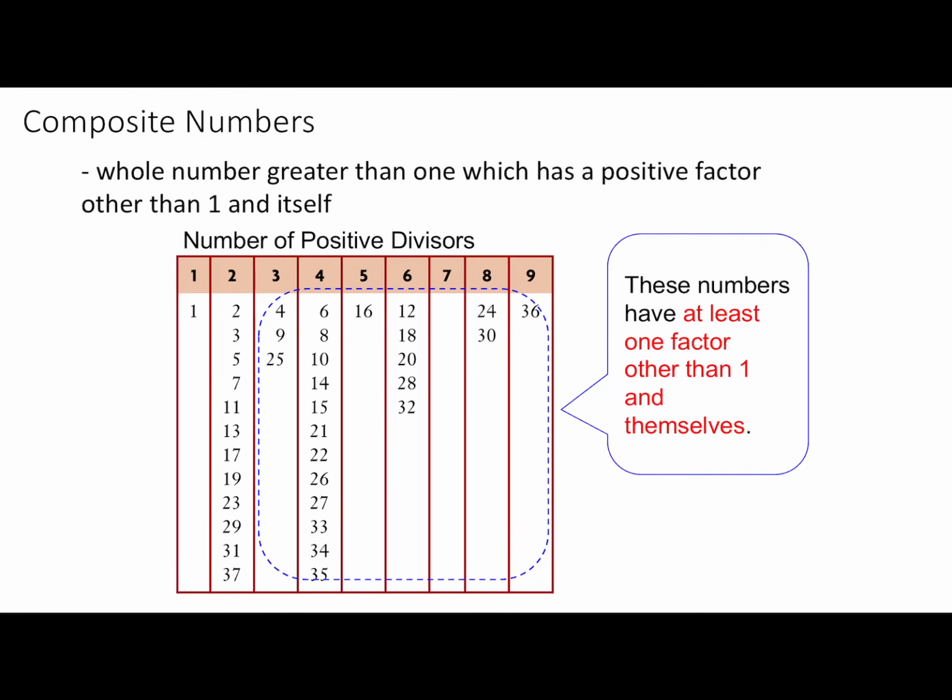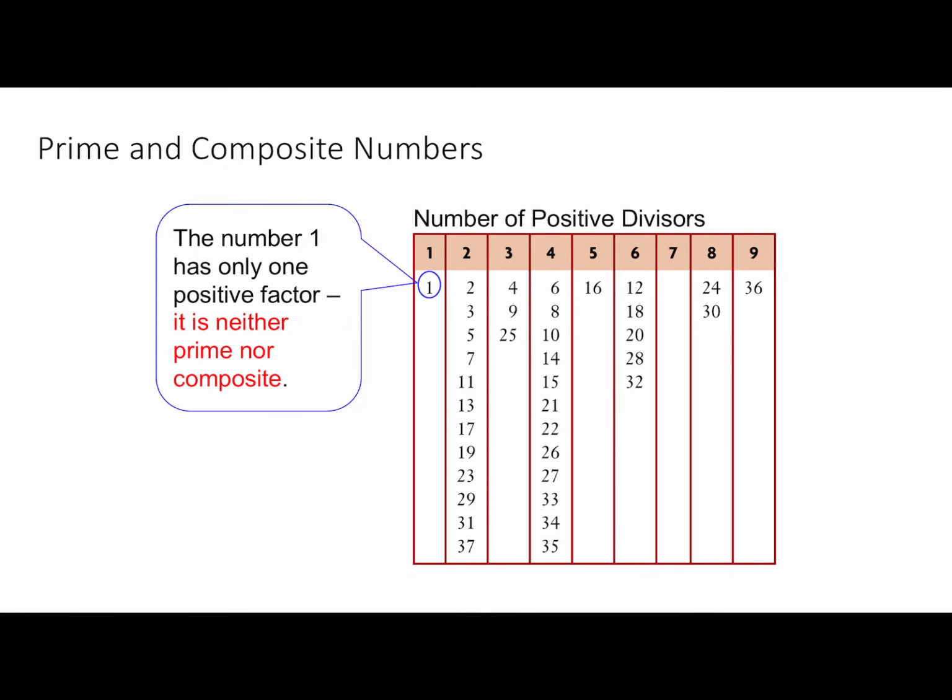Any number that is not prime is called composite. It's going to have at least 1 other divisor or factor other than 1 and itself. So everything in columns 3 through 9 are composite numbers. The number 1 has only 1 positive factor. It's neither prime nor composite. So 1 is special.